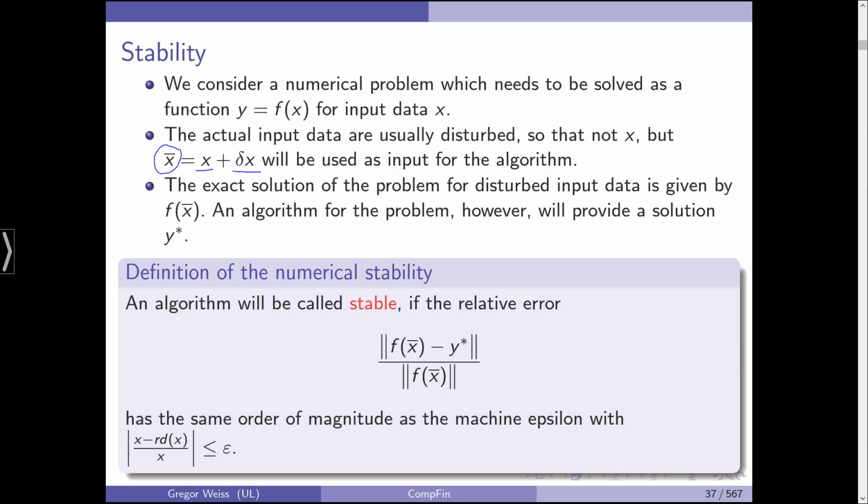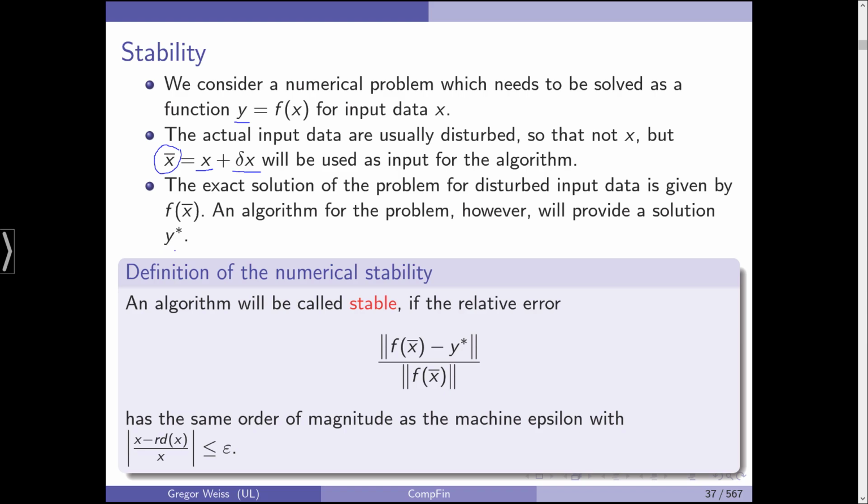Now, the exact solution of the problem with the disturbed input data is given by f of x bar. We are not trying to get y, the true solution, because this would mean that we are using different input and we are still arriving at the true output for x and not x bar. So we are expecting f of x bar. And an algorithm, however, will provide a solution y star.